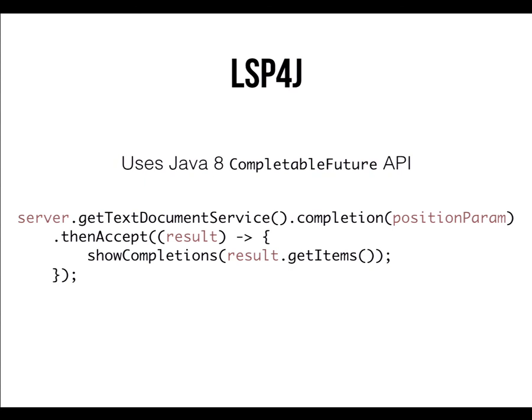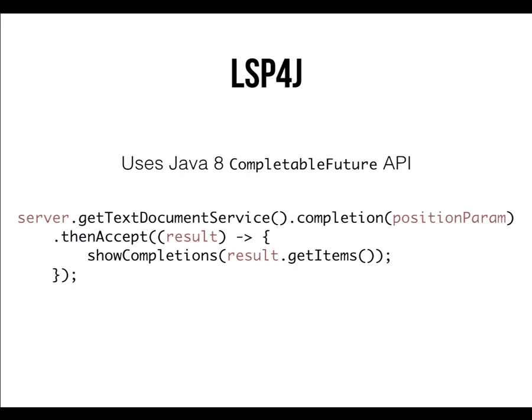So here's a small example of how it could look to use it. If you are on the client side and want to invoke code completion after the user has hit control space, you have a language server, which could be just a wrapper around the messaging, and you say get text document service, do completion with this parameter, which contains a reference to the document and a position, where the cursor currently is.